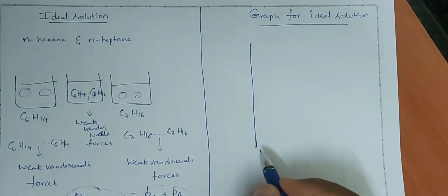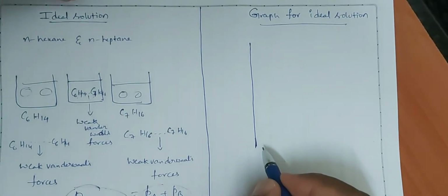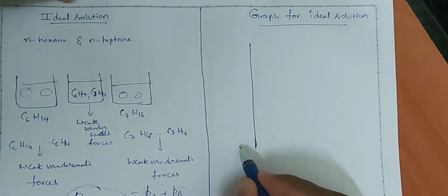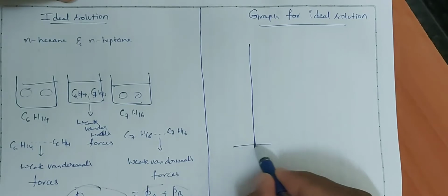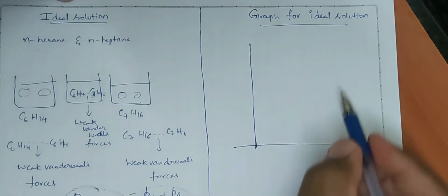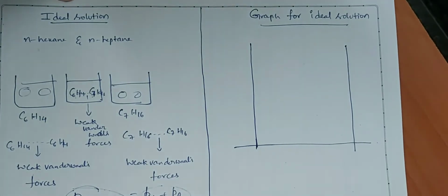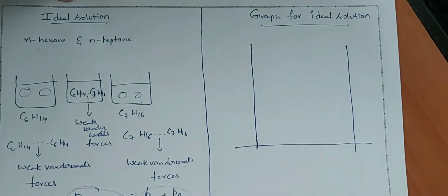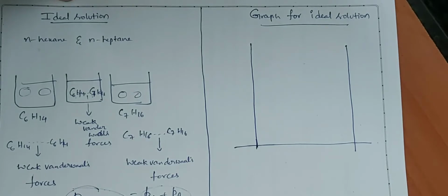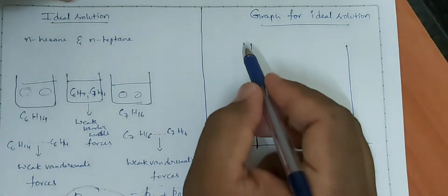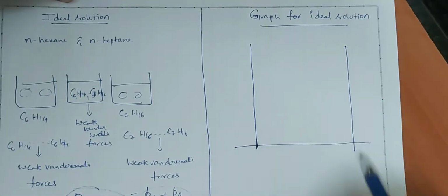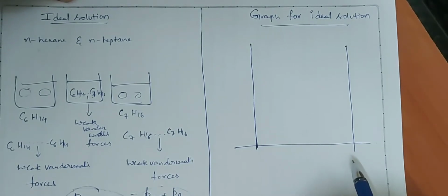Generally graphs are nothing but an x-axis and y-axis, we know very well. Here I am going to consider an x-axis and two y-axes which are parallel to each other, because we have solute and solvent, two components. So one y-axis is representing solute and another y-axis is representing solvent.